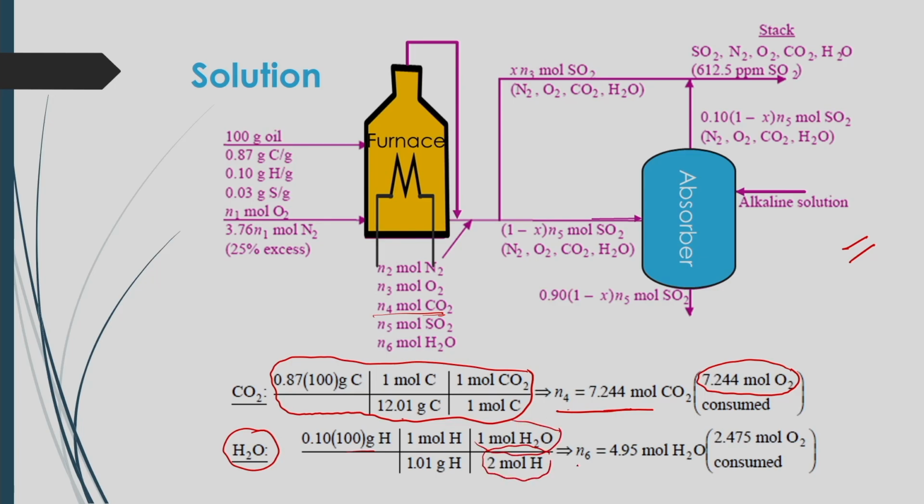That means this amount of water is being supplied there, but in N6 this moisture will come from the furnace as N6 mole. So, N6 will be equal to like this. For this N6, of course you know how much oxygen will be consumed there; according to that reaction it will be 2.475 mole of oxygen.